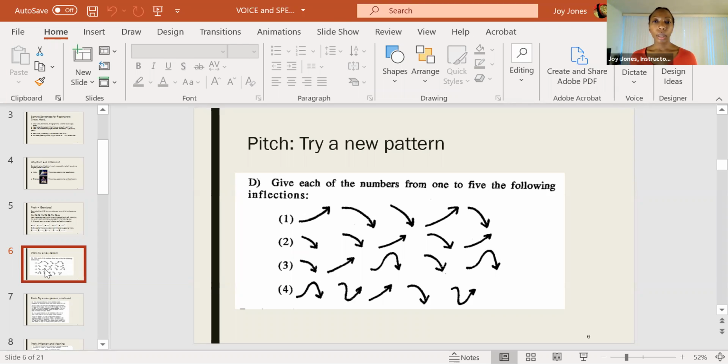1, 2, 3, 4, 5. Okay, I think I get it. I've done this a few times. All right, would anyone like to come off of mute and give line 2 a go?